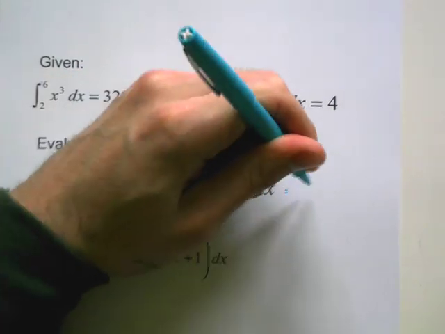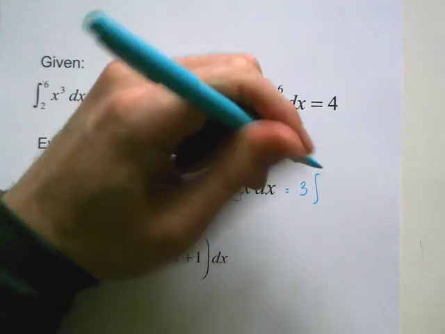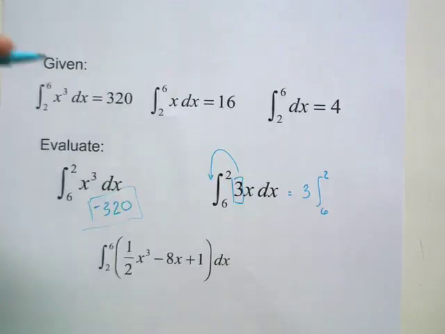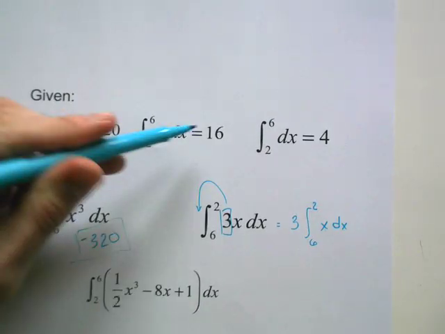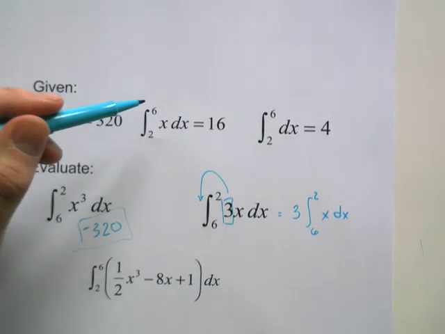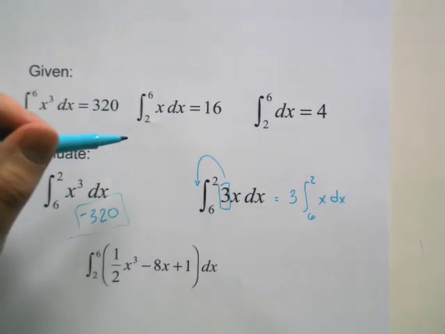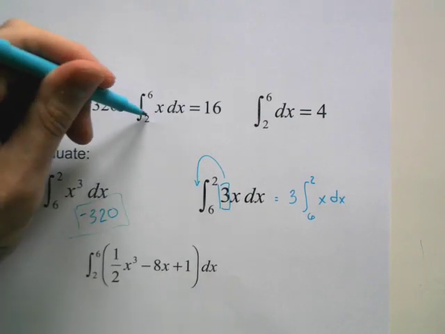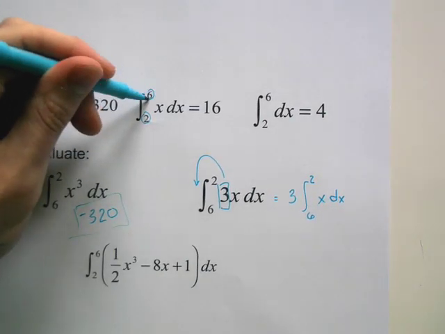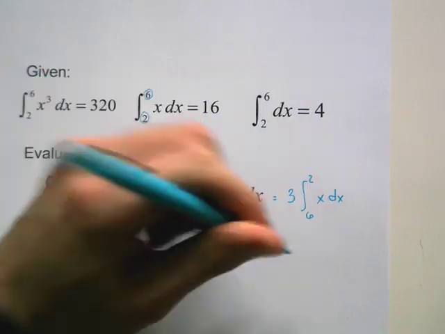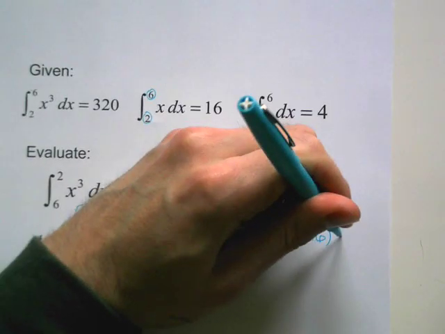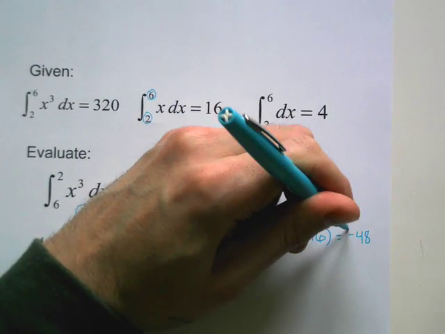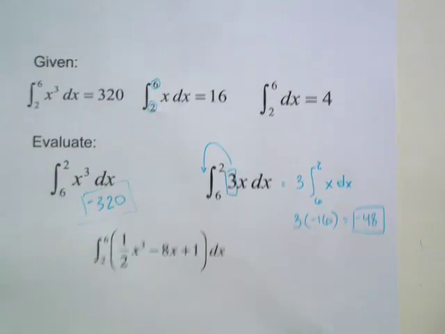So this is the same thing as 3 integral from 6 to 2 of x dx. X dx is 16. However, the 16 uses 2 to 6, but we're going 6 to 2. So I'm going to make that a -16.